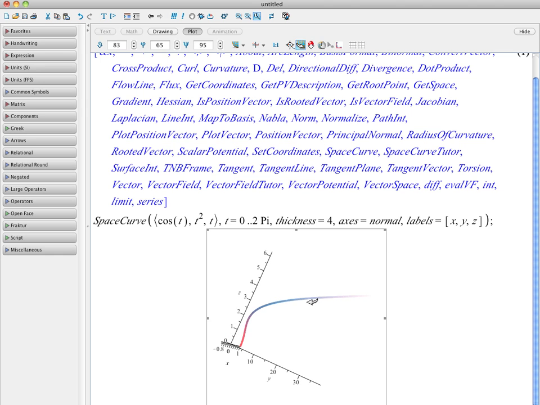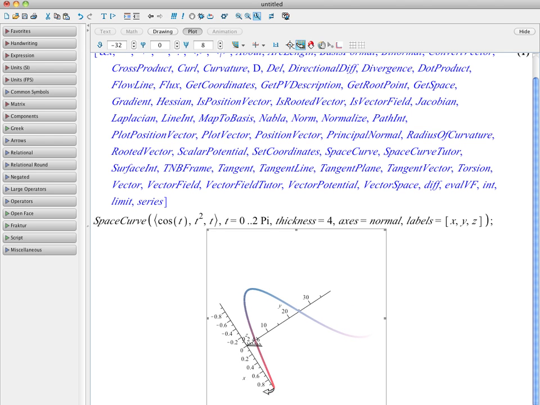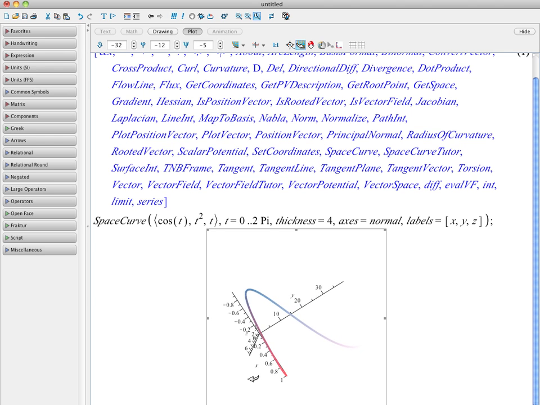So in general, I had a good idea what this thing is actually going to look like. You can see in 3 space, this is the x-axis here, y-axis, and z. X is moving back and forth like cosine would be. Y is moving up in a parabola, and z is just constantly increasing.